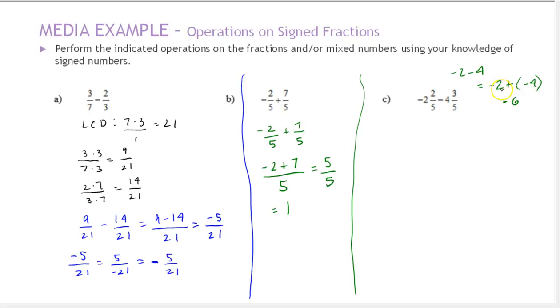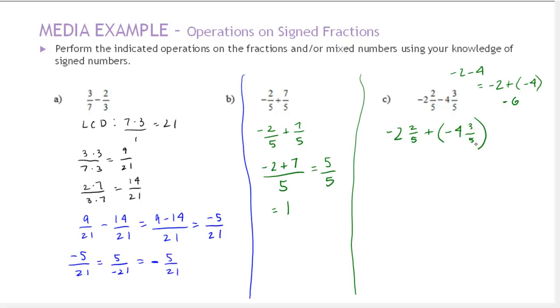So you can think of negative 2 as going 2 in the negative direction, then we're adding another 4 in the negative direction, which gives us 6 in the negative direction. We're going to do the same thing here. So we're going to start by rewriting this as addition, negative 2 and 2/5 plus negative 4 and 3/5.